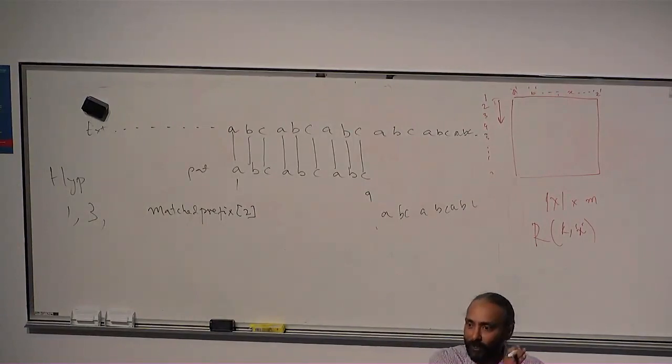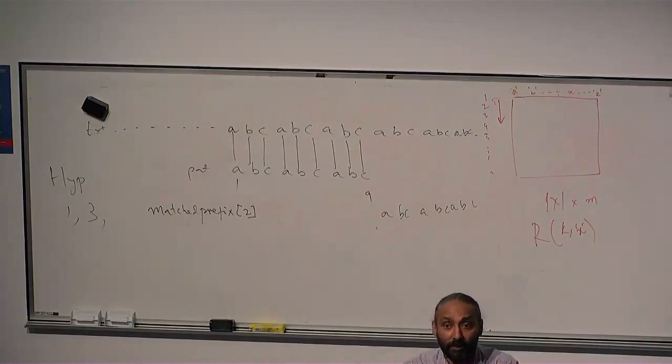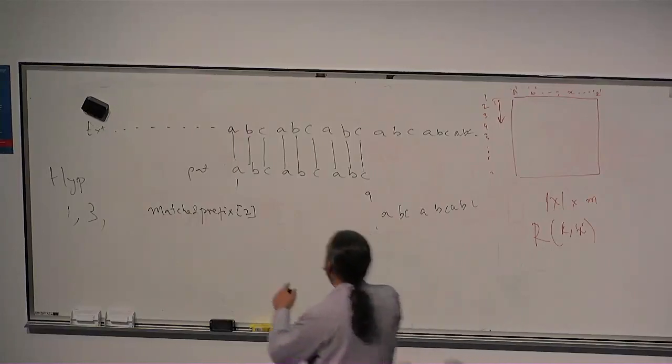So if the mismatch were at 1, hypothetically, the proper suffixes would be 2 to m, 3 to m, 4 to m, and so on. So matched prefix of 2 would essentially contain the longest suffix from 2 to m or shorter that matches the prefix.